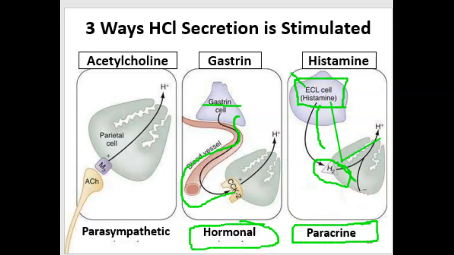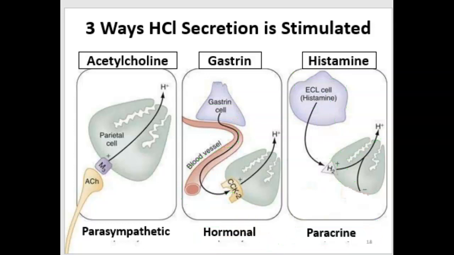But the important thing for us is there's three things that increase hydrochloric acid secretion: the parasympathetic nervous system, the hormone gastrin, and then we'll just say the signaling molecule histamine. So if you take antihistamines, it will reduce your hydrochloric acid production.